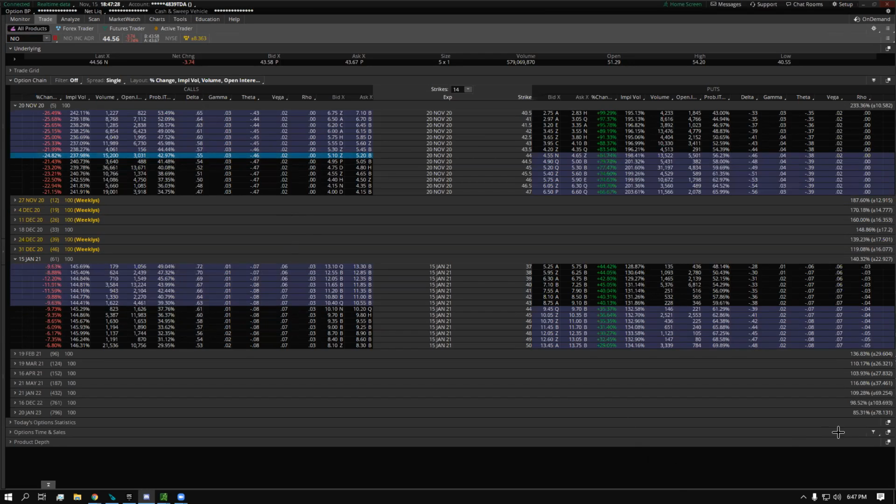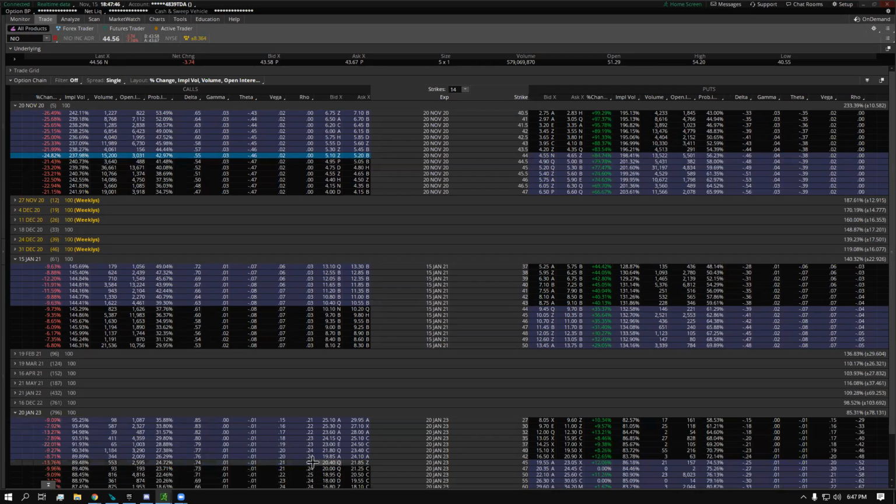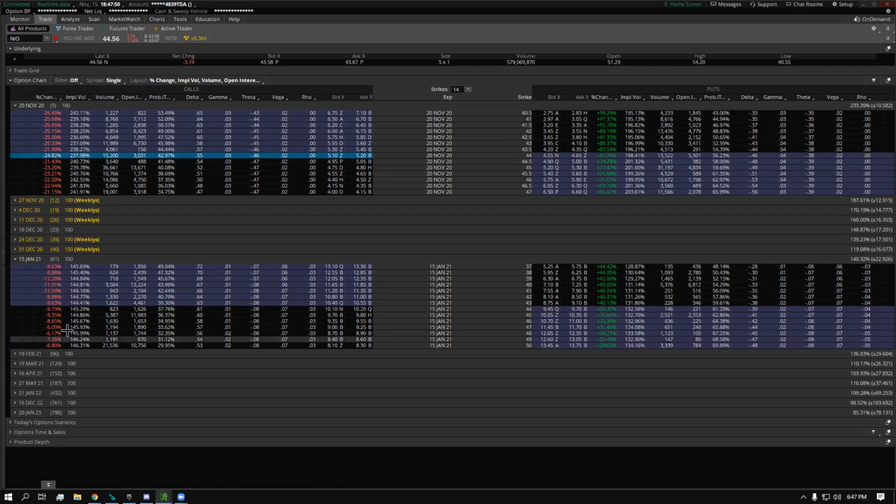You guys can check the average implied volatility of any stock by just looking at any other week. Look at the week before, look at the week after. That's going to be a pretty good range. So for NEO, it's still pretty high because I think people are really betting long on this contract. But just for the sake of this lesson, I'm going to look at the 44 strike contract for what's the implied volatility.